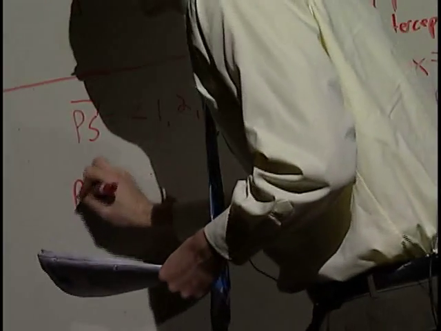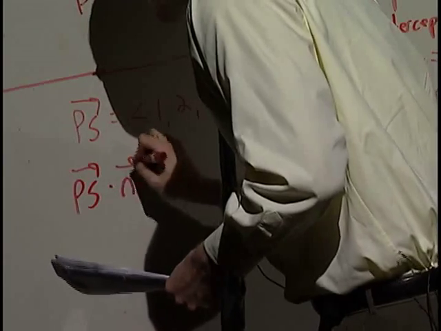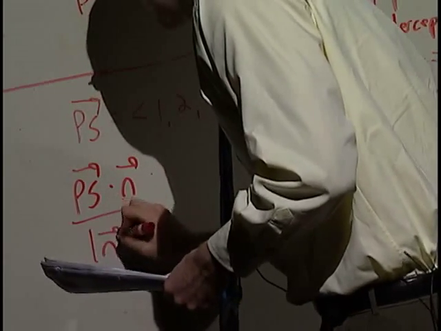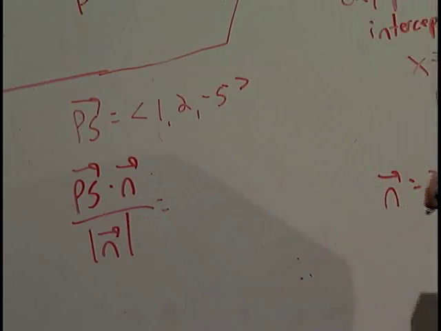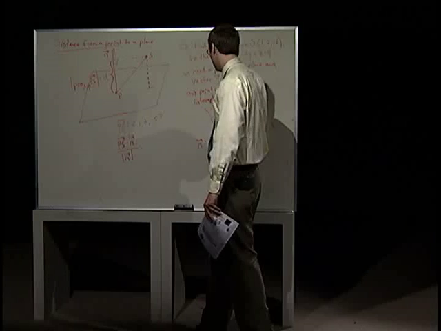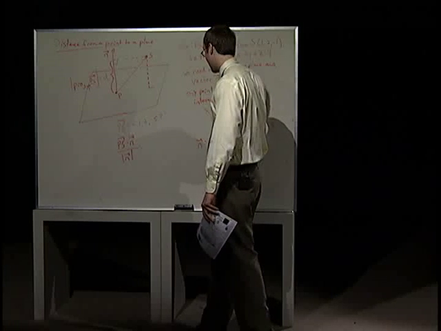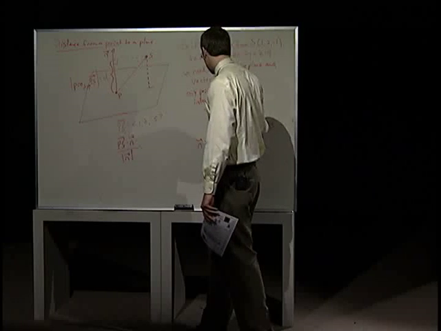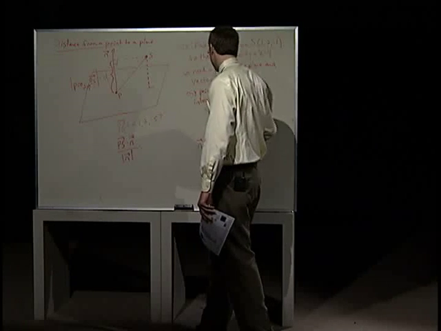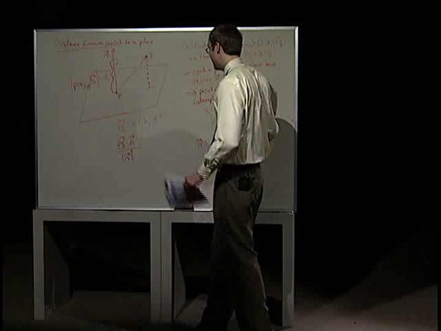So we now do PS dot n over the length of n. PS dot n is what? 1 times 2 is 2, plus 2 times -2 is -4, giving -2, and plus -5 is -7.